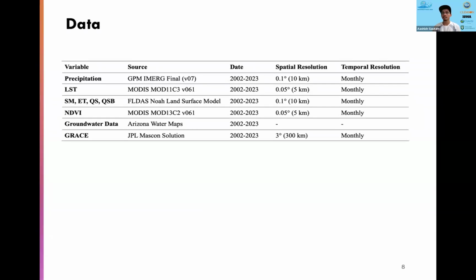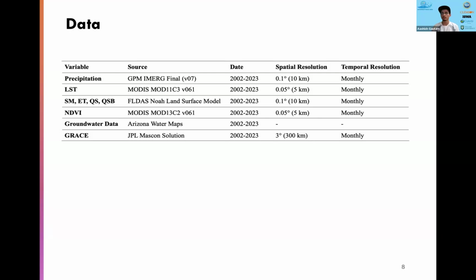Now let's talk about data. We have the predictor data, GRACE data, and the ground truth data. We used 7 predictors and subsequent results as well, like accumulation.